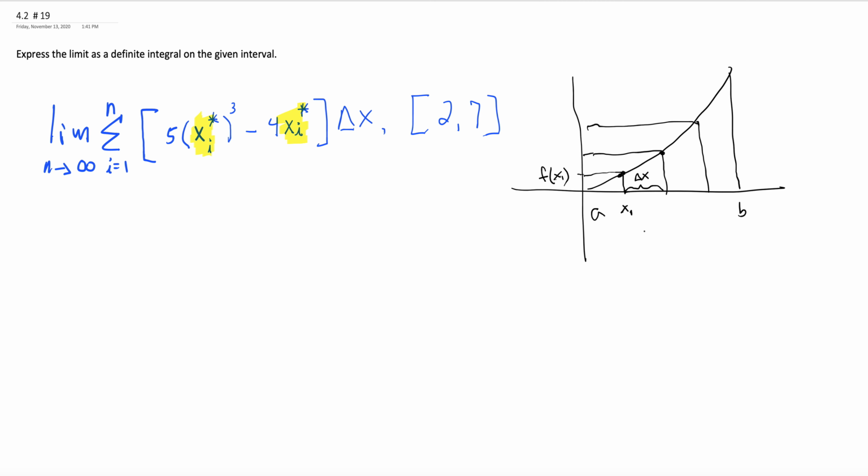The next right endpoint of the next rectangle would be x sub 2, and this would be f of x sub 2. Now, let's say you have rectangles. Let's say you could pick a point.